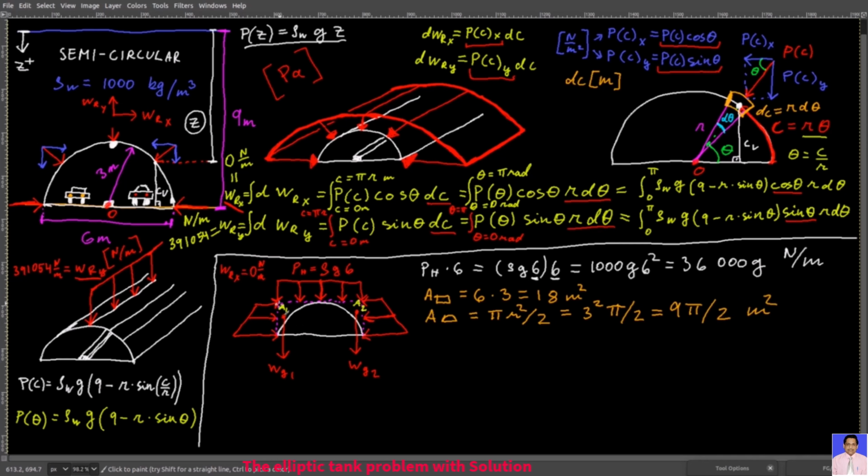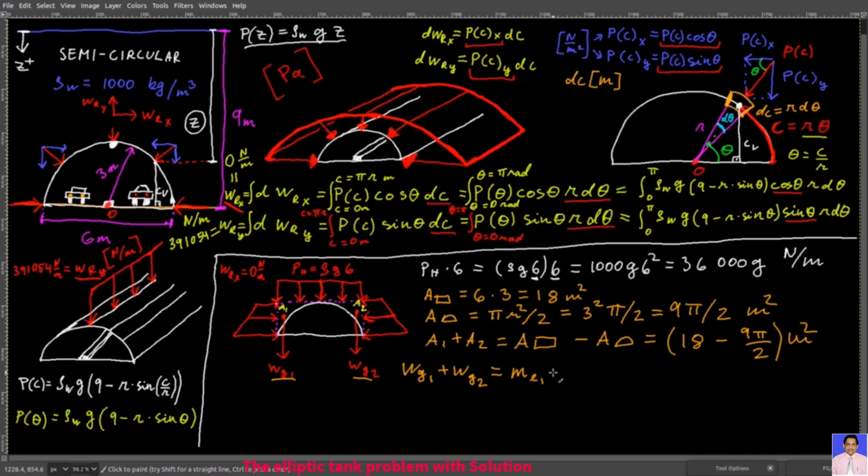That means the total area of these 2 pockets of water, A1 plus A2, well, that's the area of the rectangle minus the area of the semicircle. So that's going to be 18 minus 9 pi over 2 meters squared. That means that WG1 plus WG2, these two guys, you have the mass per unit length for the first pocket of water times G. The same thing for the second pocket of water.